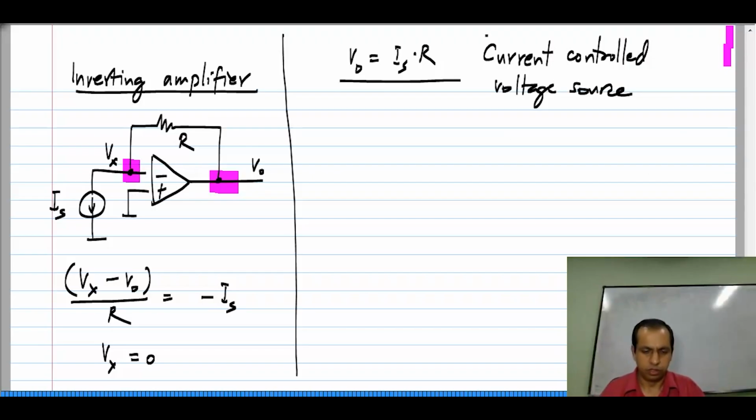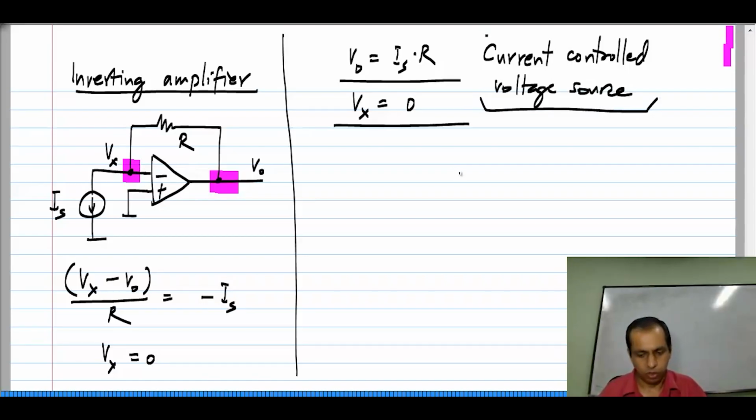So, the solution to this is V naught equals Is R, and of course, Vx equals 0. The inverting terminal of the op amp is at 0 volts. So, now, as I said, it is a current controlled voltage source.